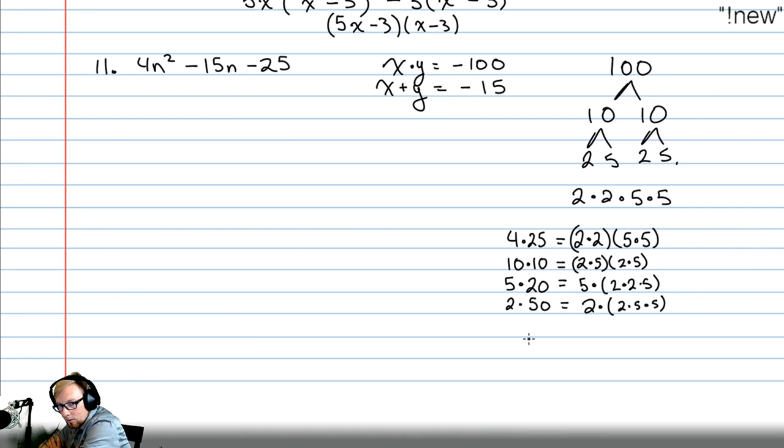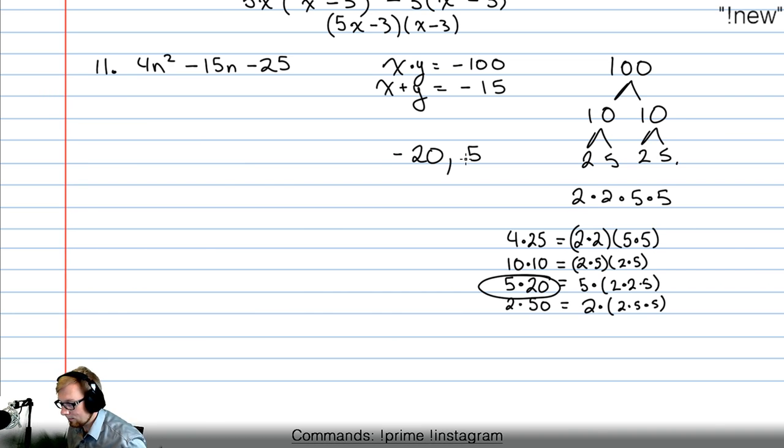Now, which one of these will add up to negative 15? Negative 20 plus 5. There you go. So you have 4n squared minus 20n plus 5n minus 25.